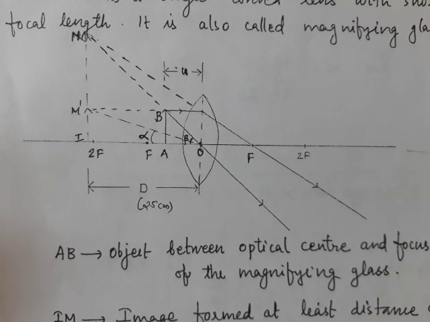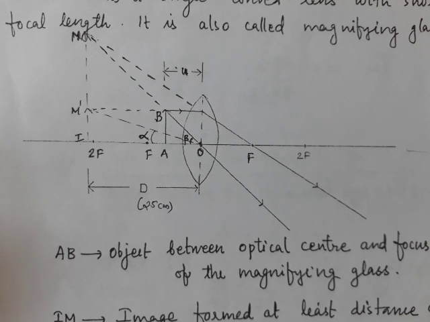So when coming to the image formation, if the image formed in front of your eyes is at a distance of 25 centimeter or nearby, your eyes can comfortably see that. If the image formed is very close to your eyes, then you will not be able to see that clearly.